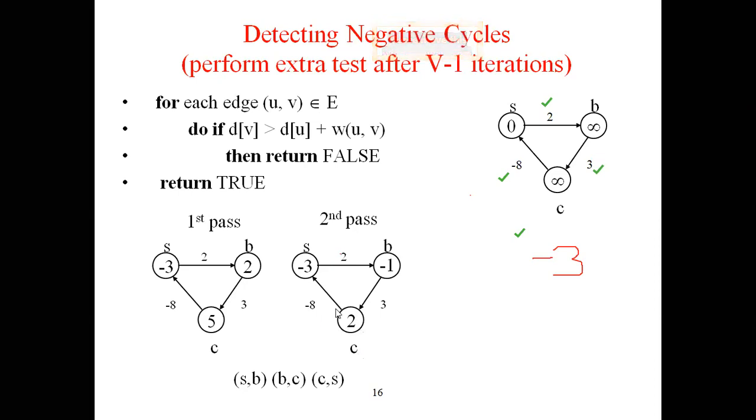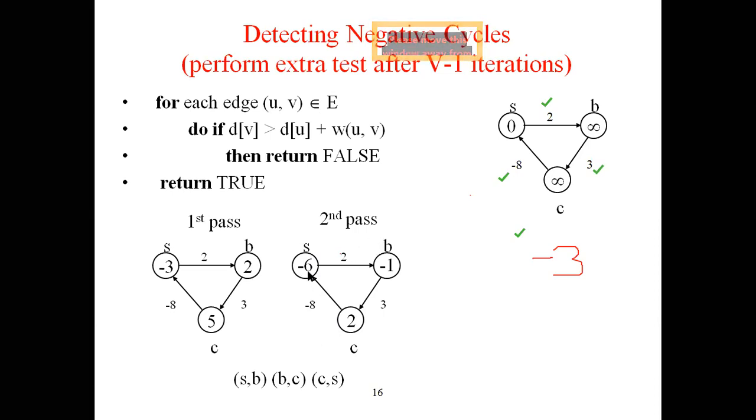Now check the edge C comma S. At C, 2 is there, and the weight is minus 8. 2 minus 8 is minus 6. Already minus 3 is there.